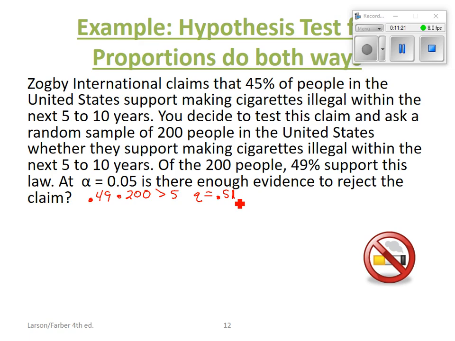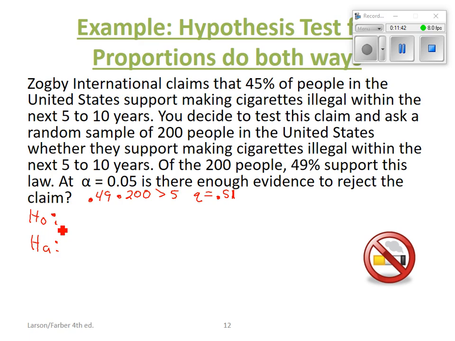We write our HO and our HA, and I'll write these, then I'm just going to jump to the next slide and show you the solutions. It says Zogby International claims that 45% of the people in the United States support making cigarettes illegal.